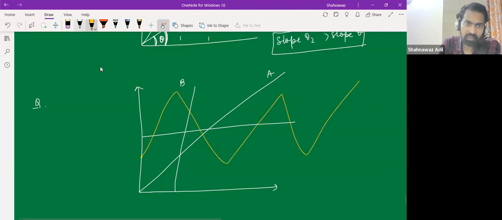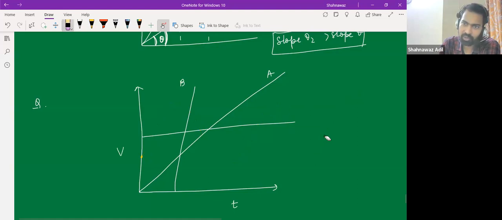These are the graphs that you have. Okay, so let us forget about this for now. So what kind of acceleration is this? Acceleration in a velocity time graph. What would the acceleration be for this graph?